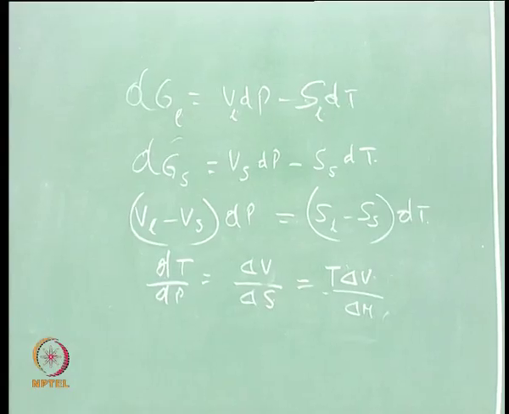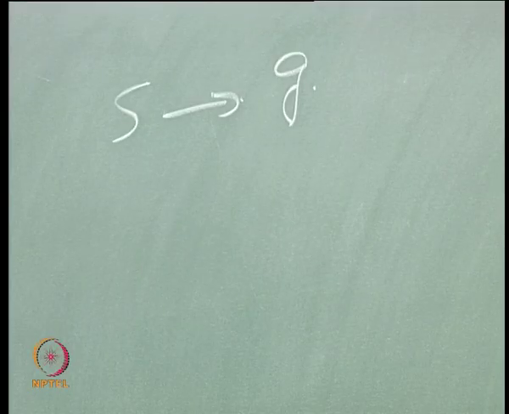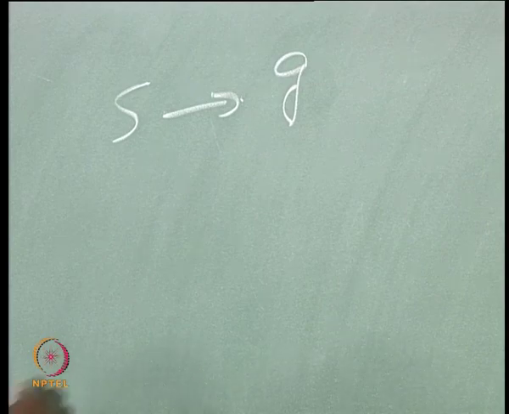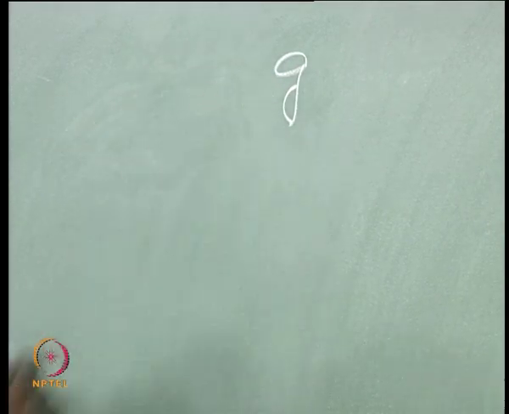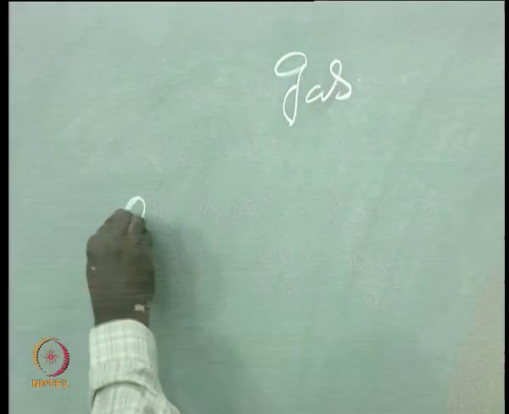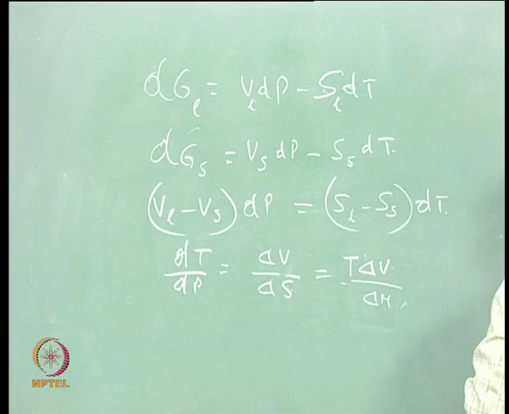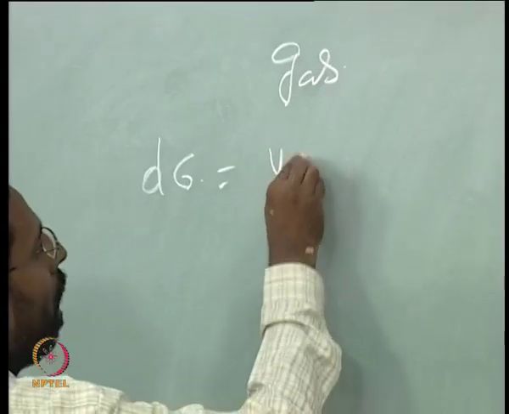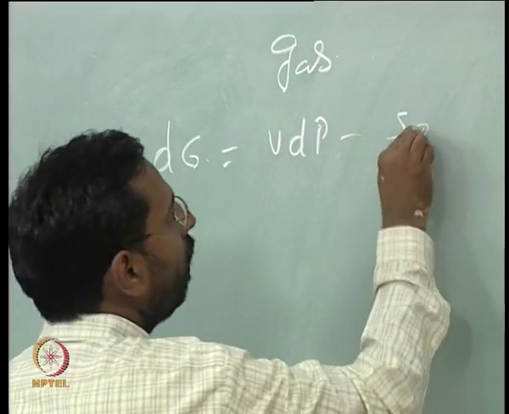If you take the gaseous part of it, you can write this expression for the gas: dG is VdP minus SdT.